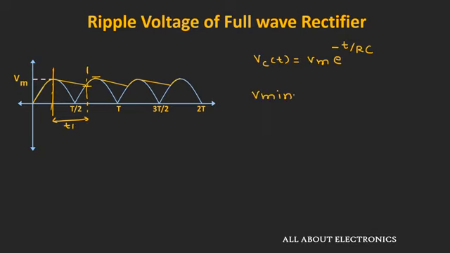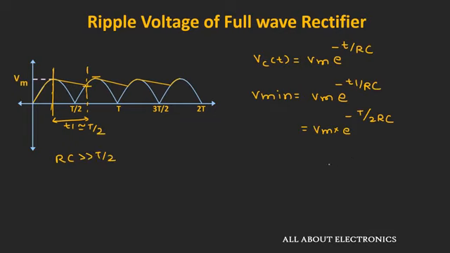That means V minimum is equal to Vm times e to the power of minus t1 divided by RC. Here this time t1 is approximately equal to T by 2. So this V minimum can be expressed as Vm times e to the power of minus T divided by 2 times RC. And further, this RC time constant is much larger than this T by 2 time period.